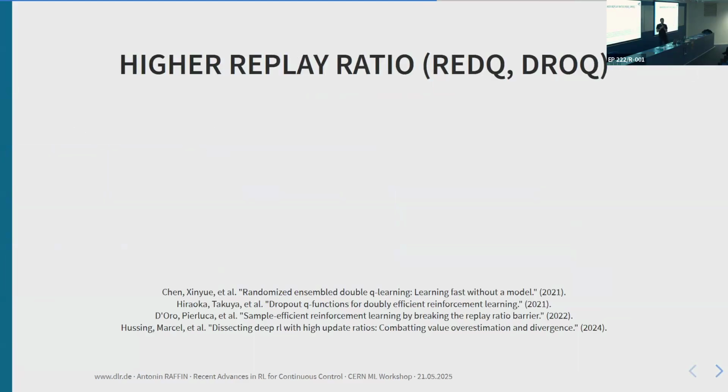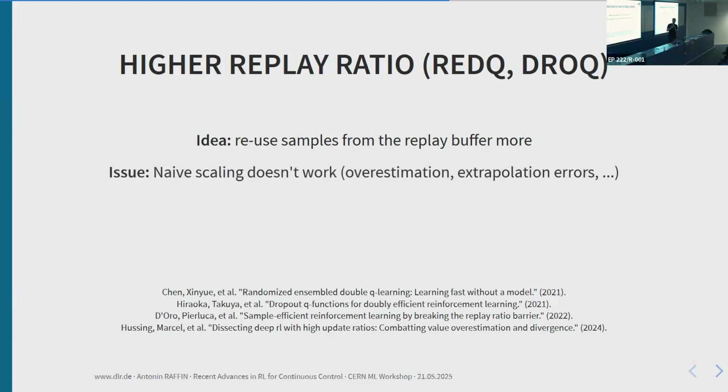Another way to improve sample efficiency, to learn faster with less interaction, is to have a higher replay ratio. The idea is very simple: you have a replay buffer with a lot of interaction with the environment, and you might be thinking, well, we could reuse those samples more often from the replay buffer, so we learn more from it. The problem is if you just do that naively, it just doesn't work.